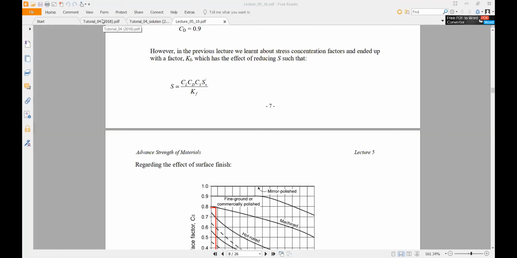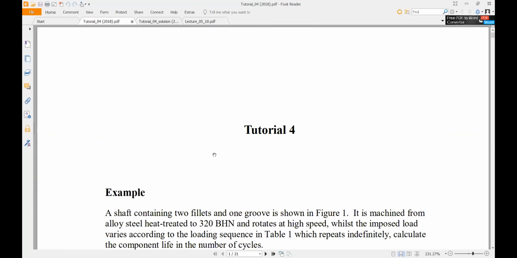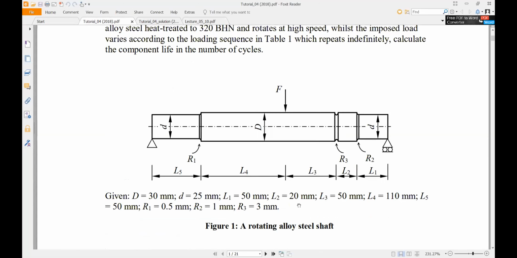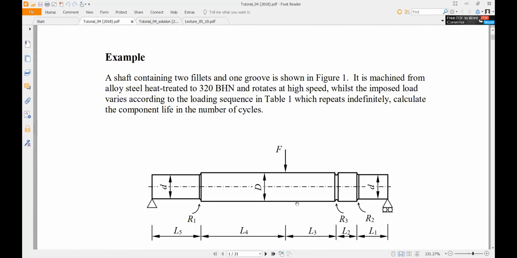So I will go to the tutorial. Can you tell me, do you have this tutorial with you? Tihan, at least someone. This one or this one?